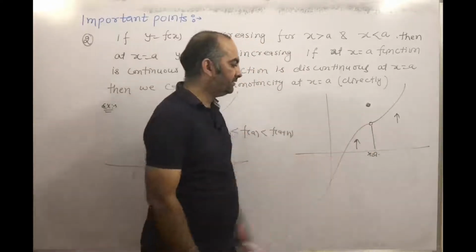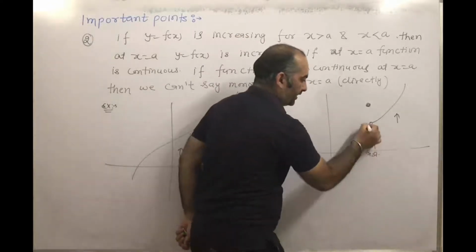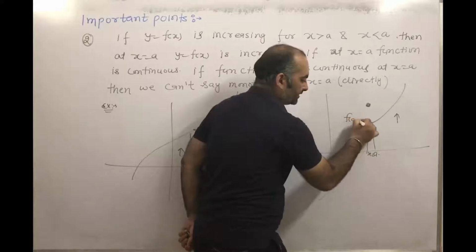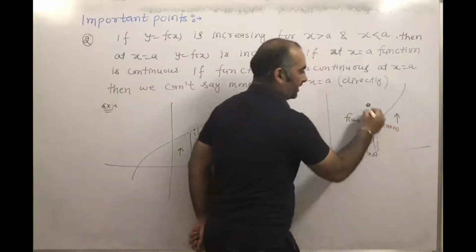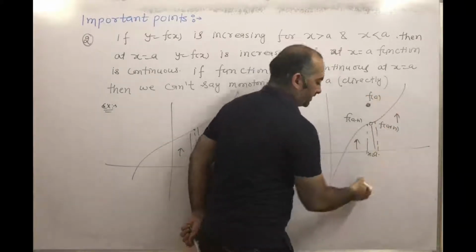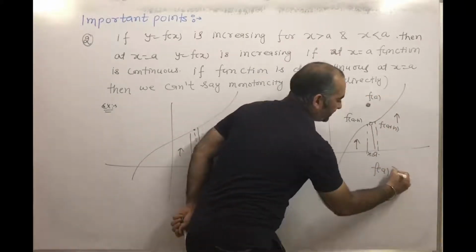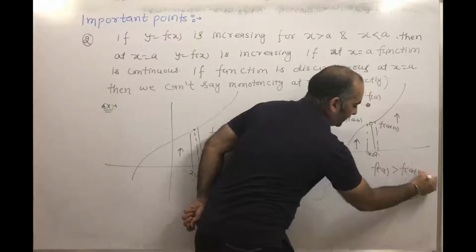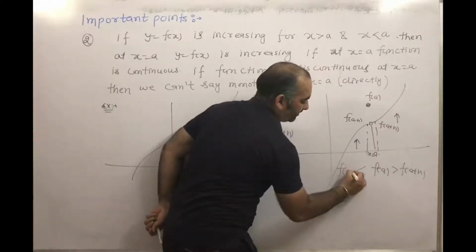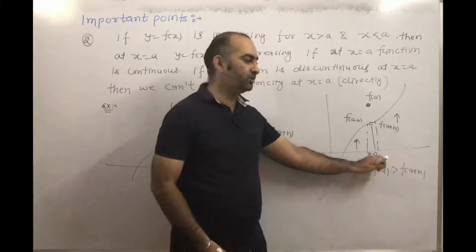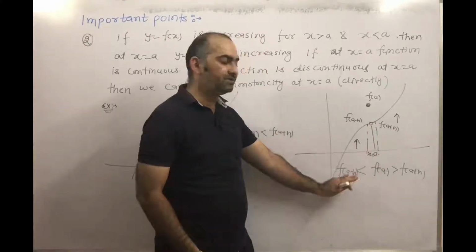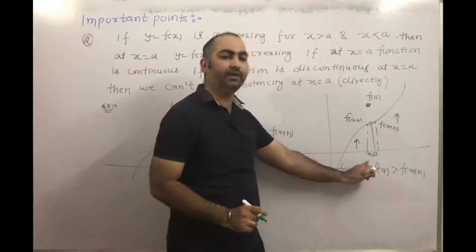So if you check here, this is f of a minus h, and at this point if I take f of a plus h, and this is f of a. So what is the condition will come? F of a is greater than f of a plus h, and greater than f of a minus h. So we can't say at x equal to a function is increasing, because here it is discontinuous. So in this case function is not increasing at x equal to a.